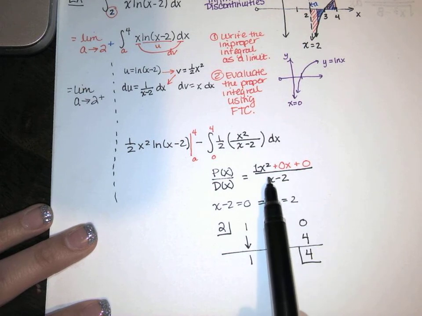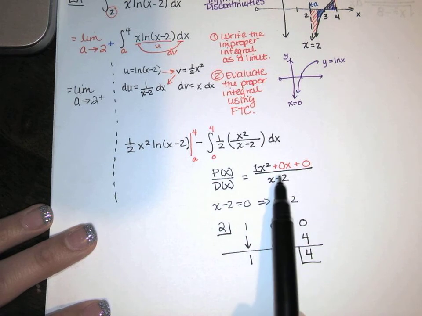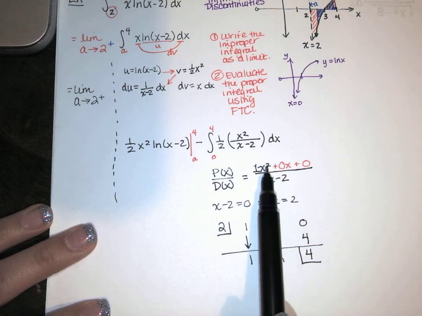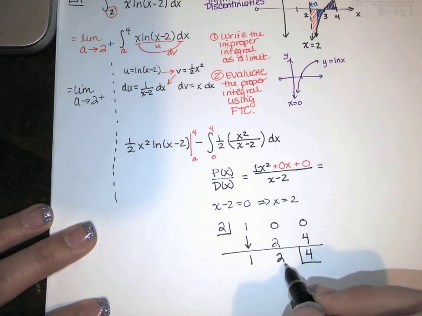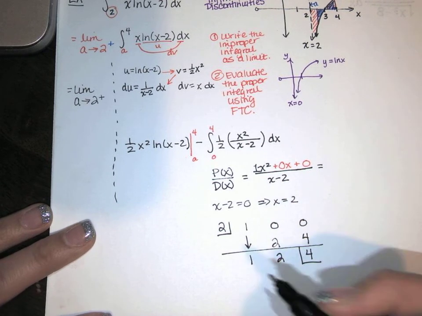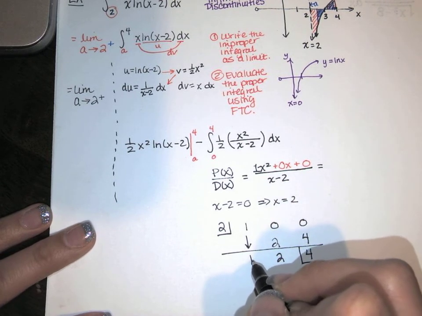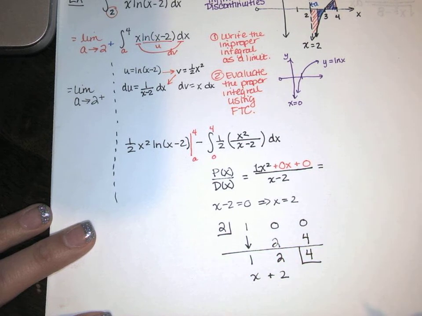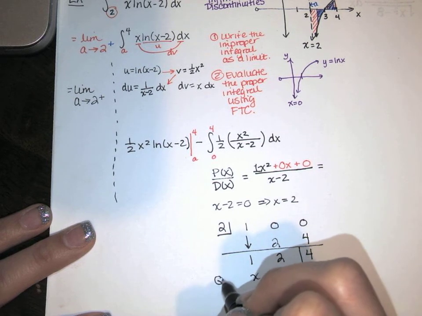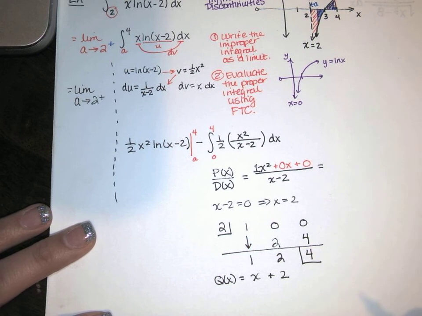The power is going to go down by whatever the degree of this polynomial is down here. Since I'm dividing by a first degree polynomial, it's going to go from 2 to 1. So these are the coefficients of a first degree polynomial. So this is the coefficient of x to the first, and that's the constant term. So this is our quotient. It's x plus 2.